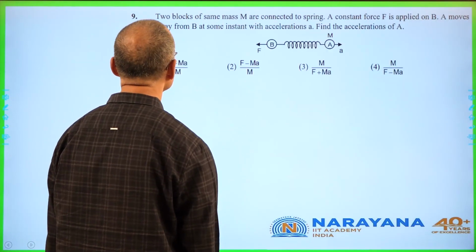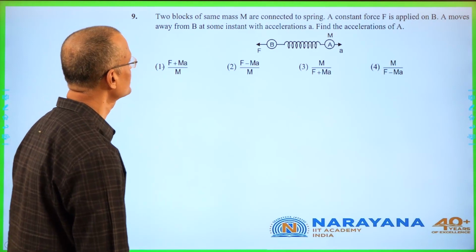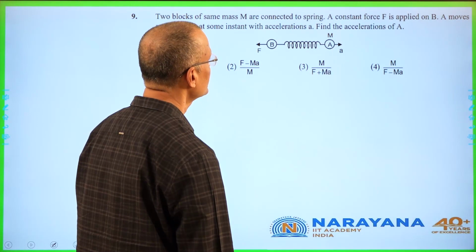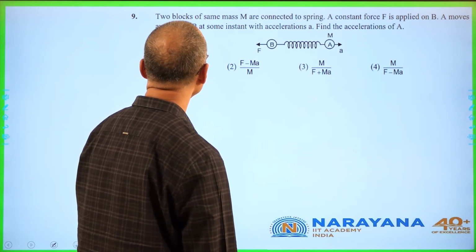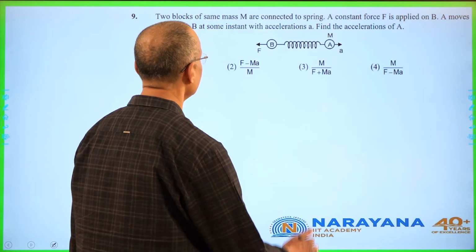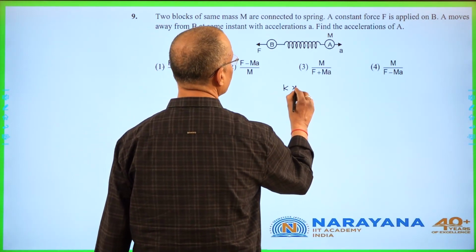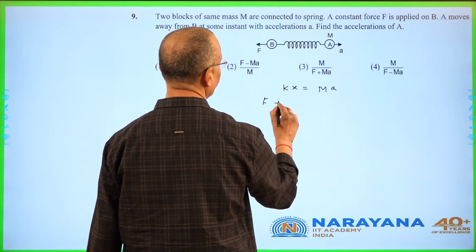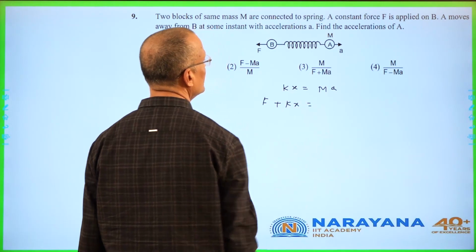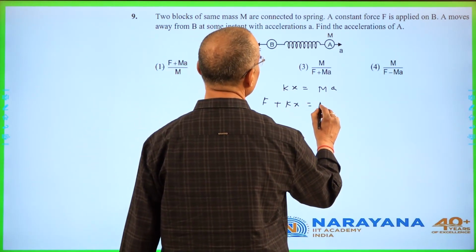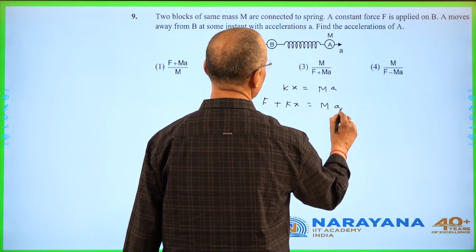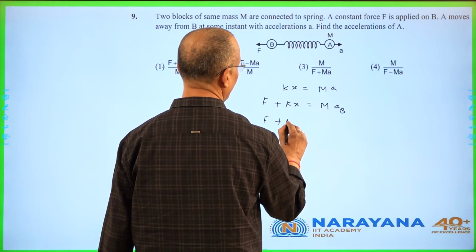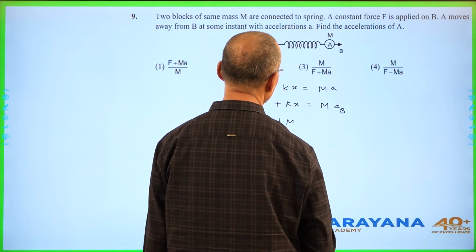Now question number 9. Two blocks of same mass are connected to a spring. A constant force F is applied on B. A moves away from B at some instant. So kx is ma, and for B, F plus kx is m a_B.